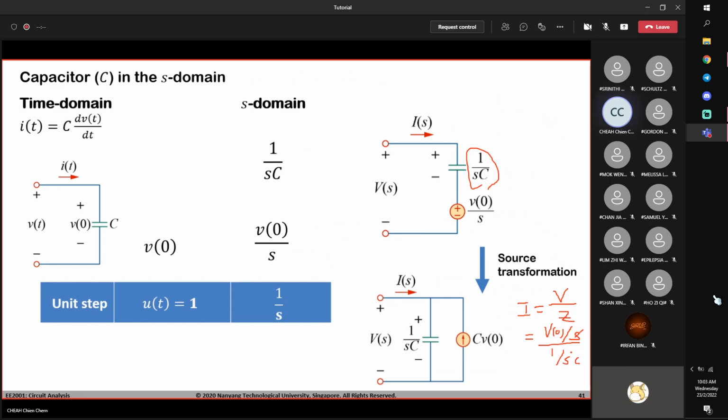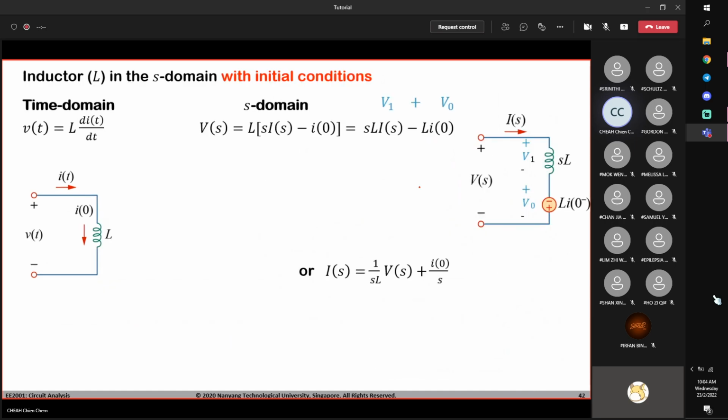Right, so this cancels out and C is brought to the numerator, you get CV0. So this is just source transformation. I'll say this is easier to remember because a constant becomes this according to the Laplace transformation table, and we put this in.